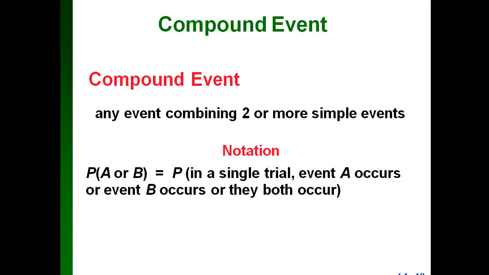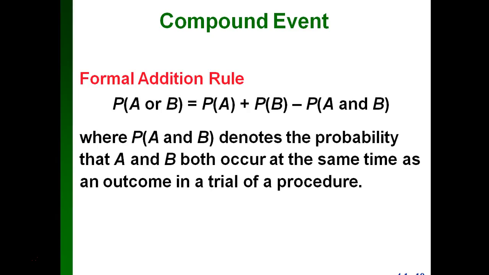I'm going to merge those two together. So A or B in a single trial. So we'll take our probability for A happening, and we'll take our probability for B happening, and then we'll add those two together. But we have to look out for something that's called being mutually exclusive or inclusive.